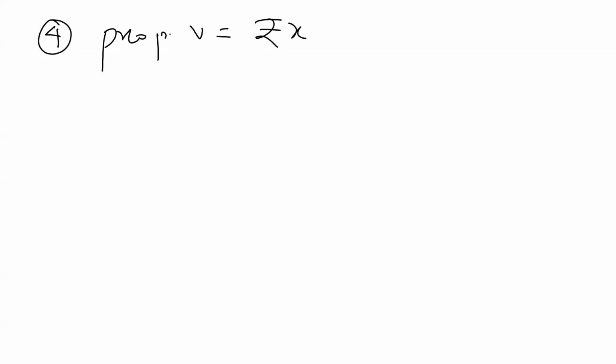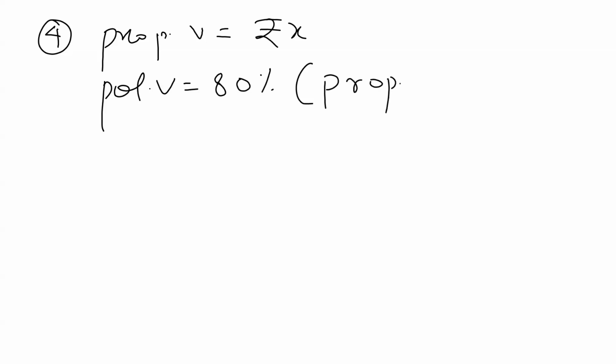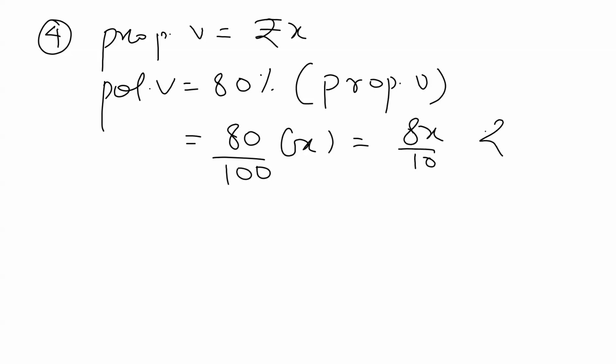It covers 80% of the value of the stock. So policy value is nothing but 80% of property value. So 80 upon 100 into X, which is equal to 8x by 10. After cancelling the zeros, this is the policy value.